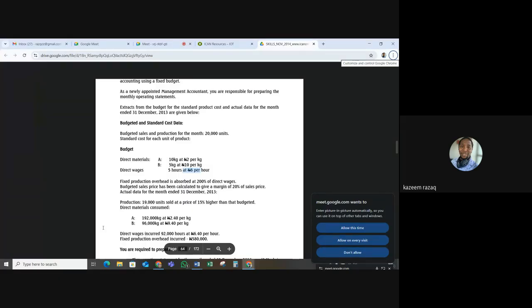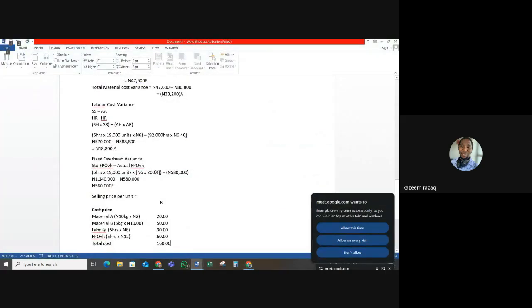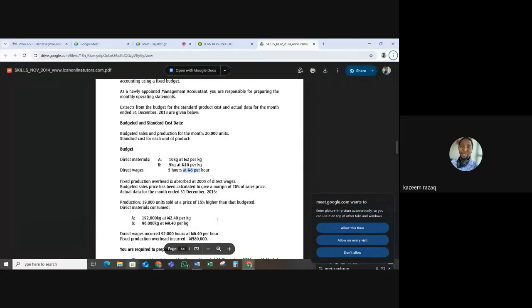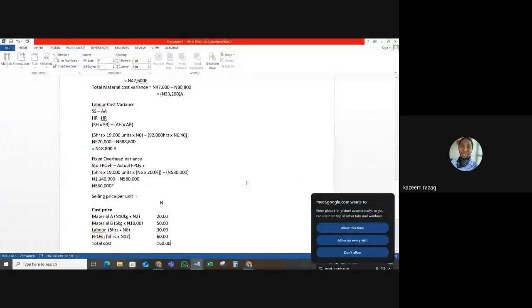Now, convert 20% to markup. This is margin, 20%. This is what they mean here. Let's convert it to markup. How do we convert margin to markup?